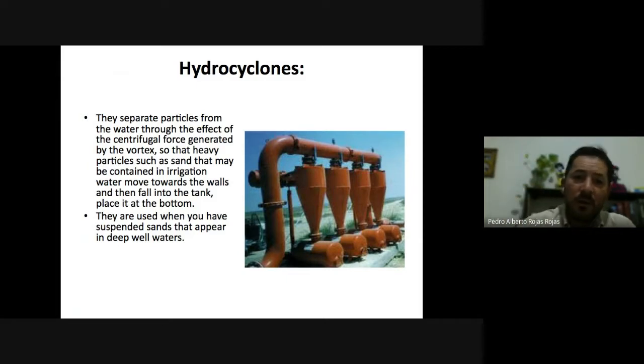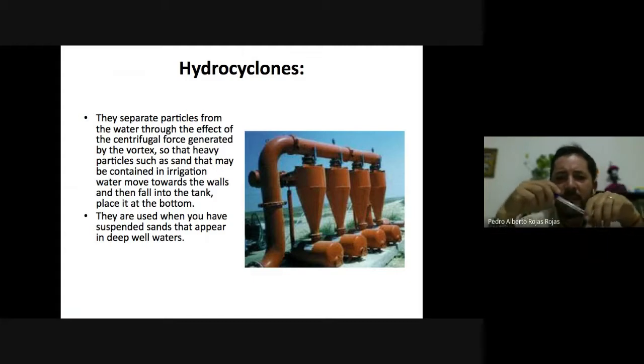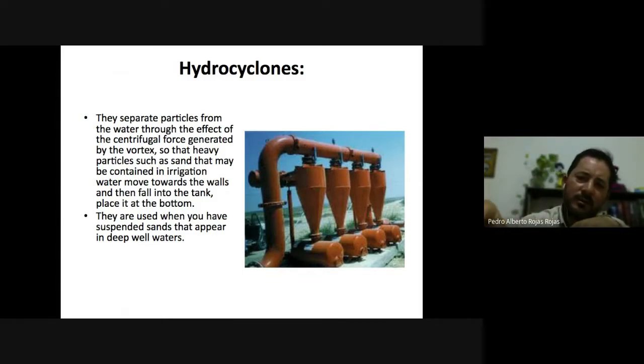So the heavy particles such as sand, which may be contained in the irrigation water, move toward the walls because of the centrifugal vortex, and then fall into the tank placed at the bottom, where the sand is stored, and in the events to clean the system. They are used when you have to suspend the sands that appear in well waters.